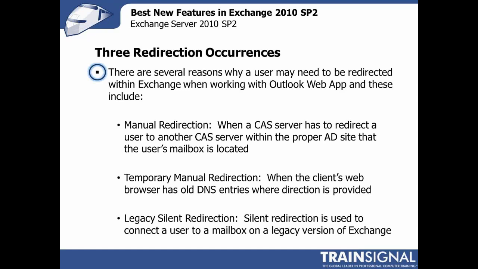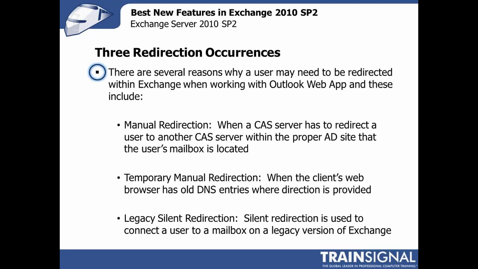Ultimately a user is connecting in, and depending on the URL they're using, perhaps they're connecting in with a client access server that's in the wrong site. And so it offers the opportunity to connect to the right site, and we'll take a look at that in a moment. There's temporary manual redirection. This is where the client's web browser has old DNS entries where direction is provided.